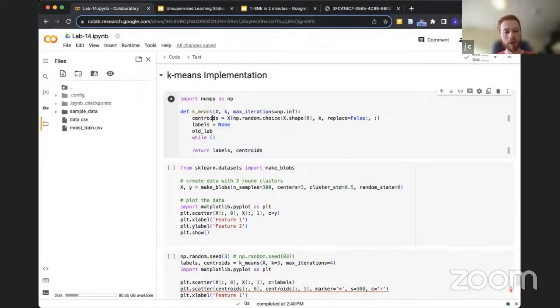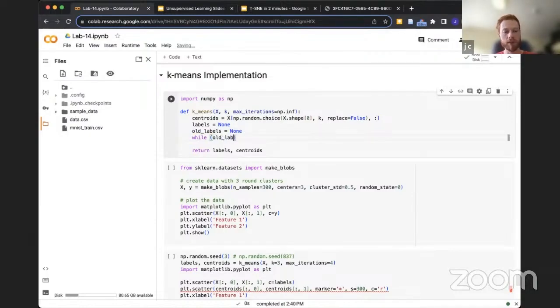Well, we do have the labels from the centroids. But let's just create one. Old labels, also set none. And we want this to repeat.